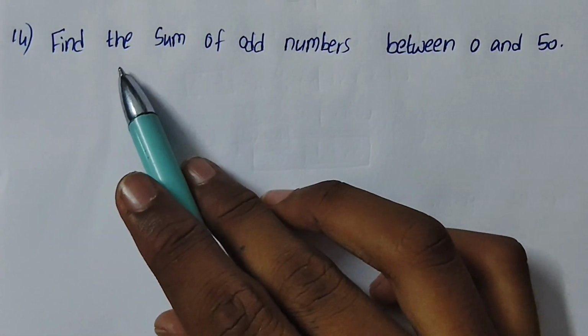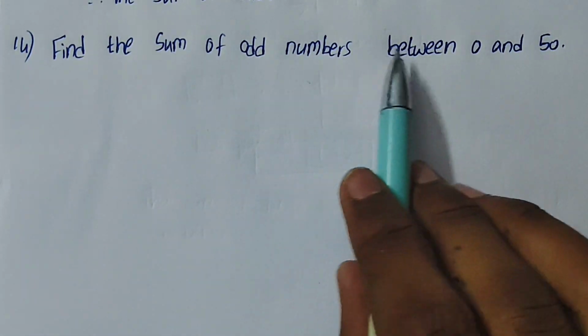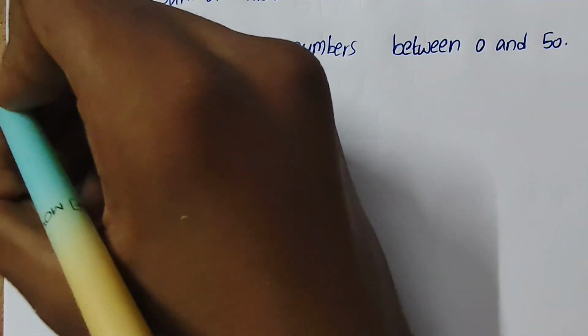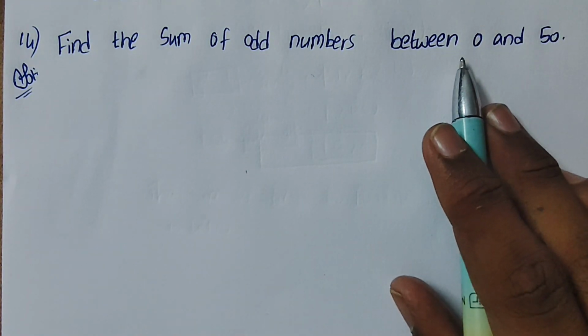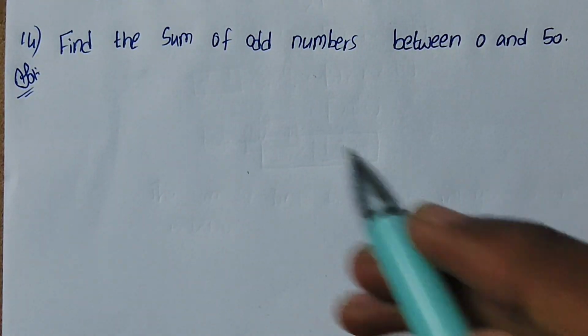So here the given 14th question is: find the sum of odd numbers between 0 and 50. So we have to find the sum of the odd numbers that are between 0 and 50.